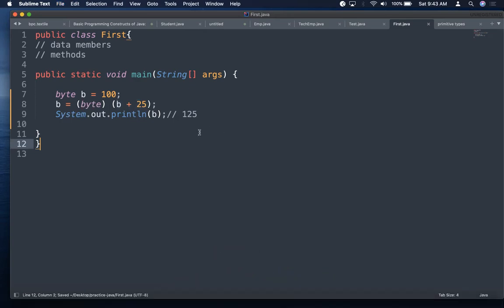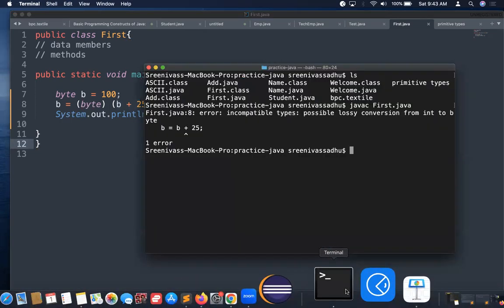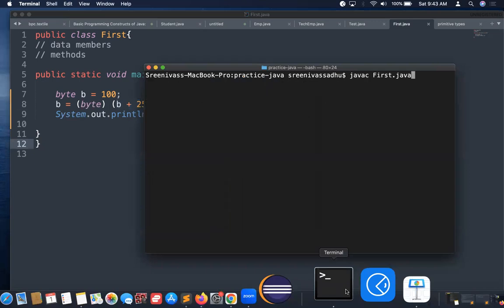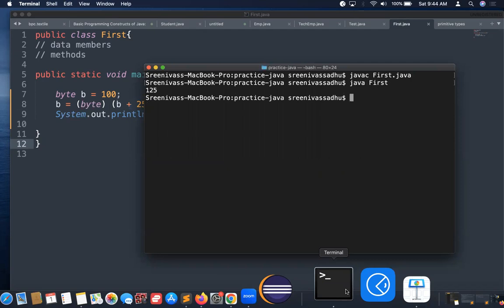So now you can expect the output equal to 125. Let's see whether it compiles or not. So javac first.java compiled successfully, and then I'm saying java first, and it's actually 125.